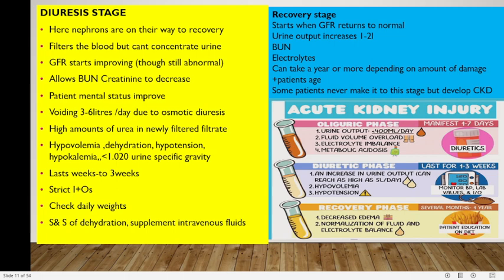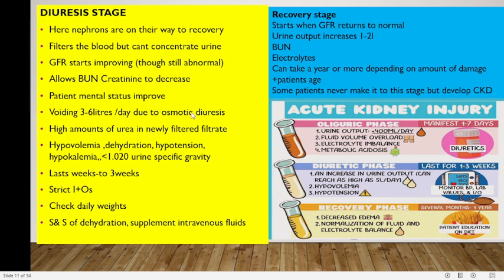This allows BUN and creatinine to decrease. Remember, in the oliguric phase these levels had gone high, but here they start to decrease. So patient mental status will improve. Remember, in oliguric, the patient was presenting with neuro changes. So here the patient is improving.